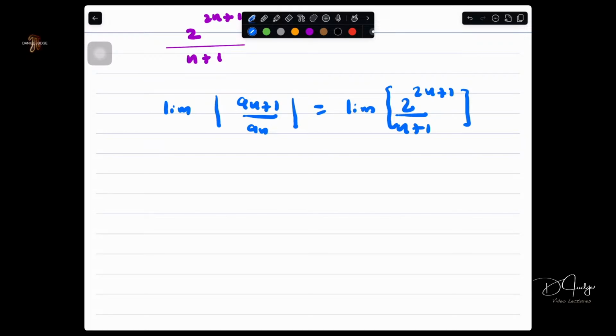What's this limit going to become as n goes to infinity?